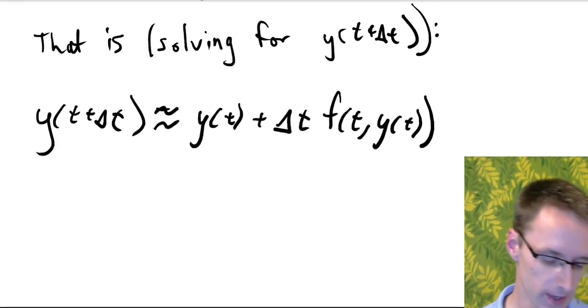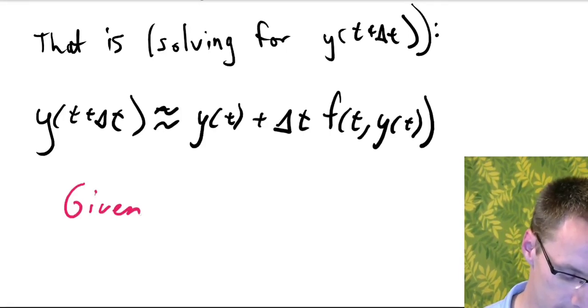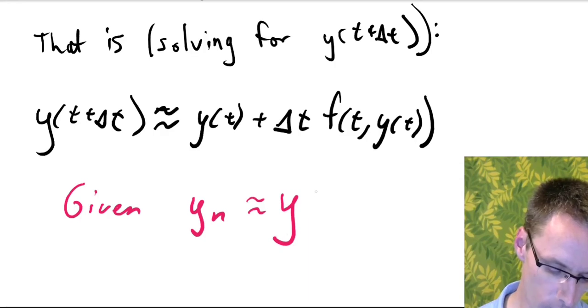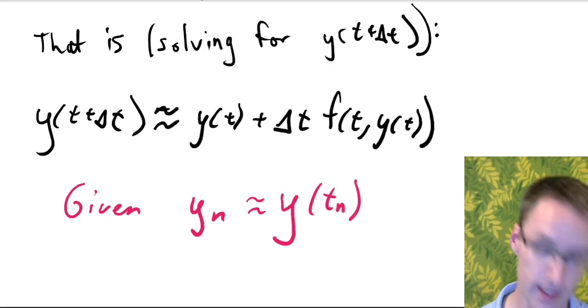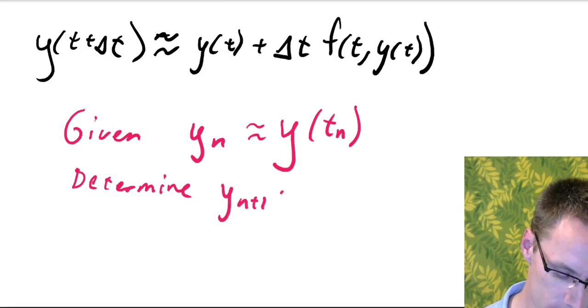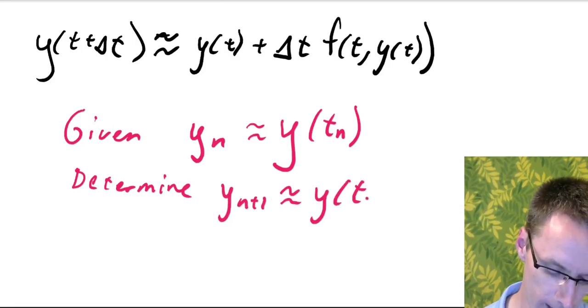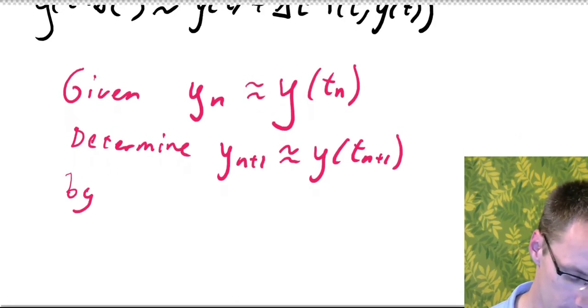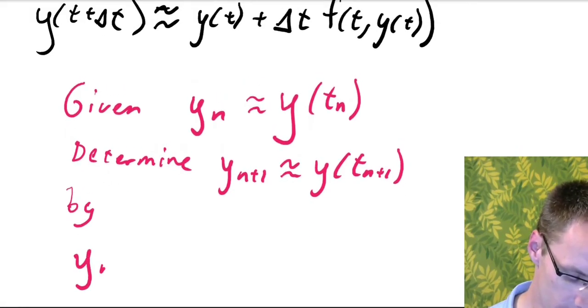So Euler's method is the following. Given yn, which we could think about as some kind of approximation of y, the exact solution at time tn, determine yn plus 1, which we're thinking about as an approximation of y at the next time step, and we just mirror what is happening above.